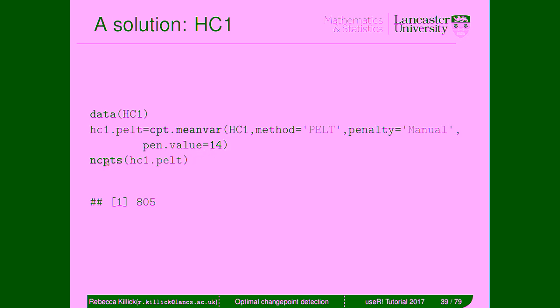And even with that, if we do ncpts, so this is the number of change points, on our cpt object, we get 805. Okay. Similarly, if you do summary, it will also return that you have 805 changes as part of the summary. So I don't advise you doing cpts because you just get an 805-long vector out, which is not very meaningful.